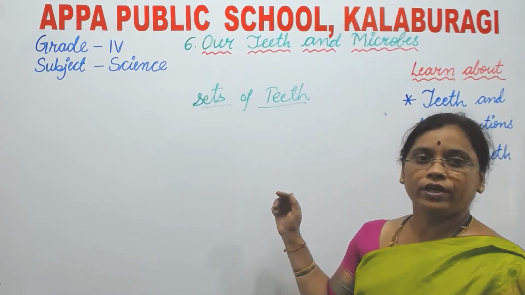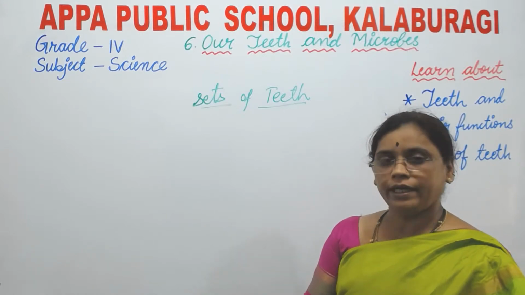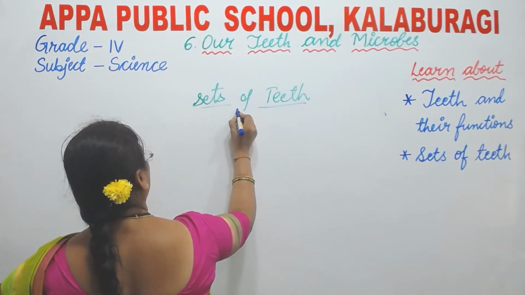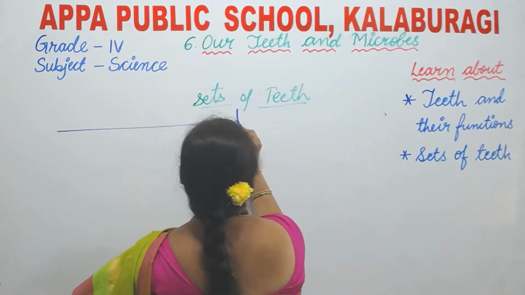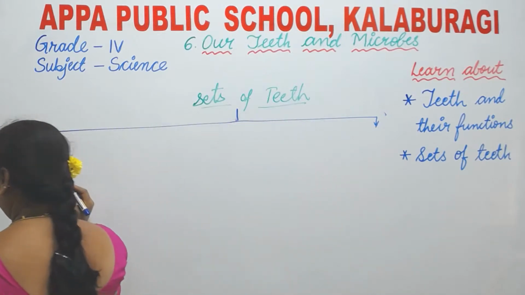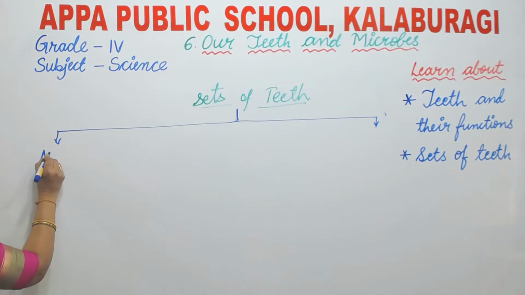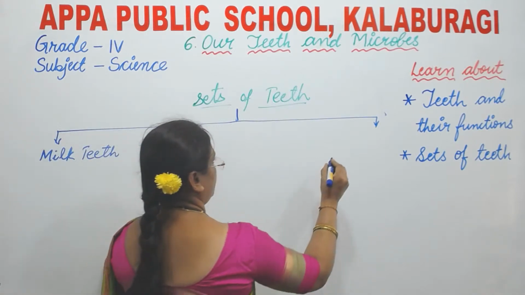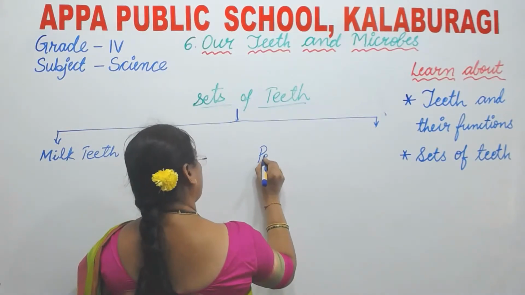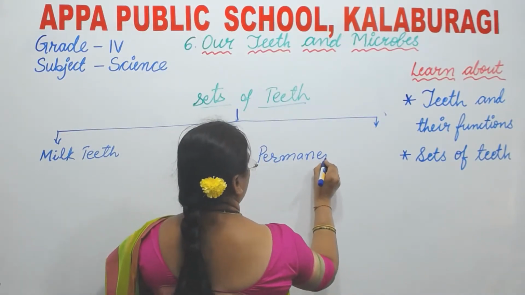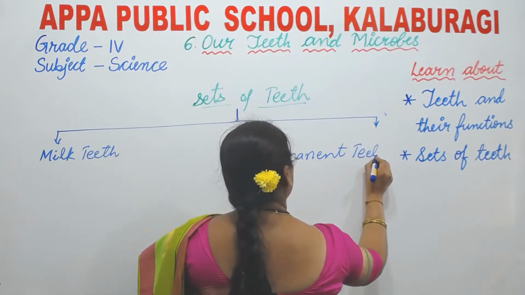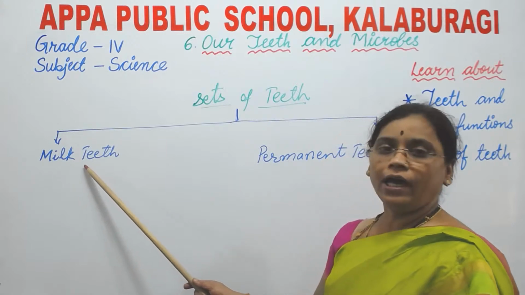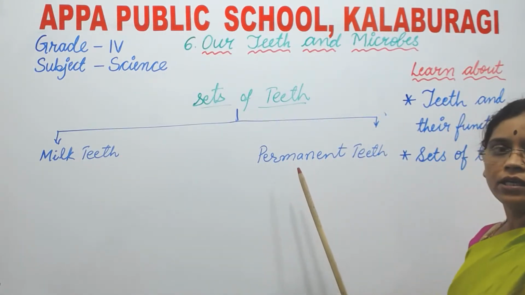Let us study which are those. The first set is called milk teeth and the second set is known as permanent teeth.